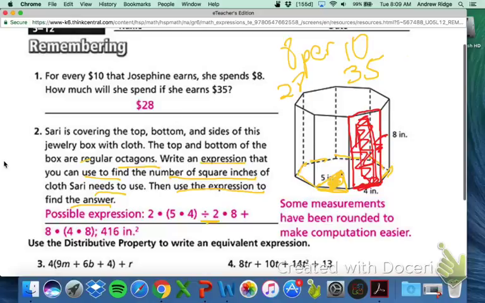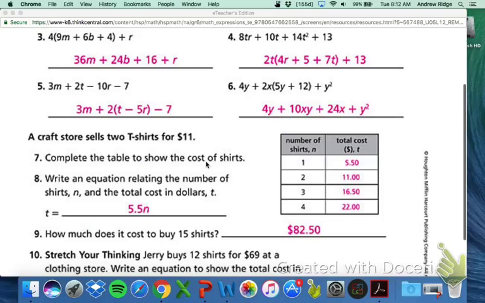Then you multiply those two together, and then you multiply that number by 1 for each one of the sides. And then you add in the sides, and then you add in the top and the bottom that you figured out with the triangles, and you get 416 inches squared.